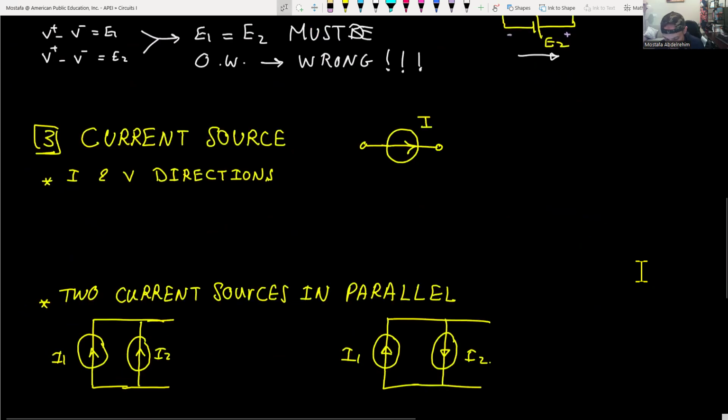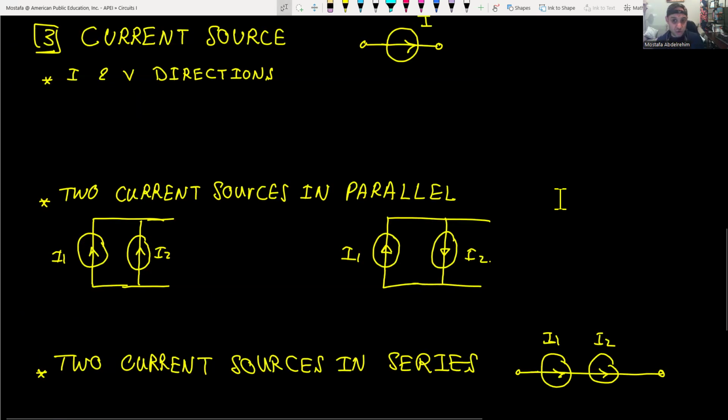Finally, the current source. So what does the current source do? The current source basically provides its branch, the branch that the current source is part of, with constant current. Just like the voltage source provides constant voltage, this guy is providing constant current.